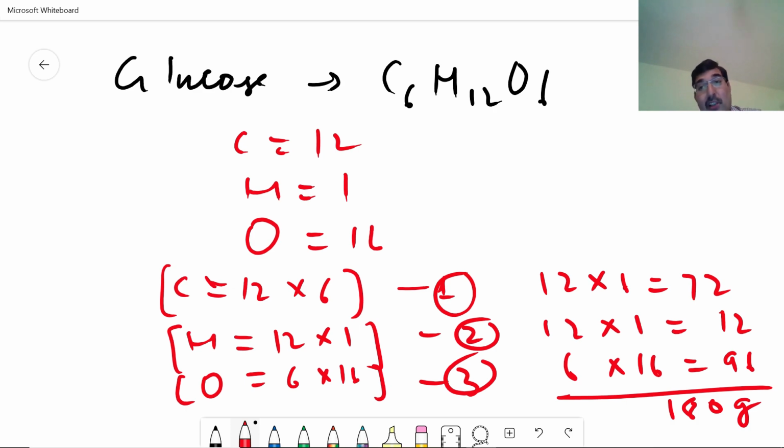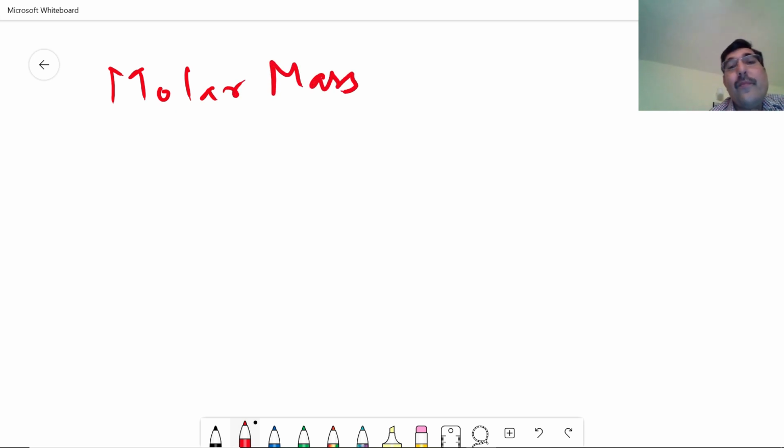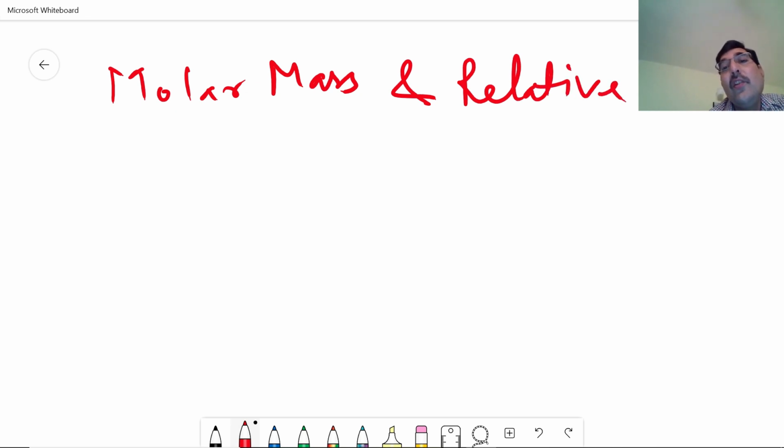What is the mistake we are making? If we say relative molecular mass, we don't use G, gram. As soon as we use G for gram, it becomes molar mass. So what is the difference between molar mass and relative molecular mass?